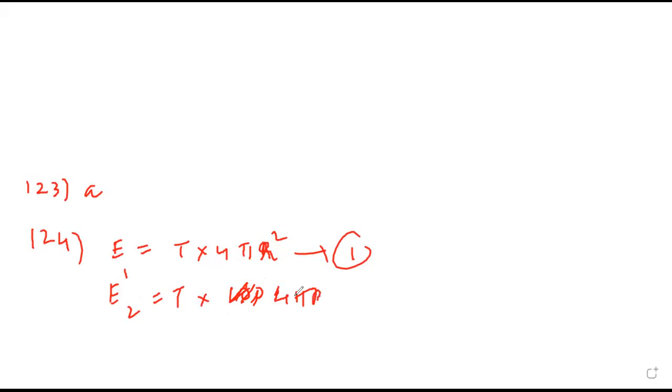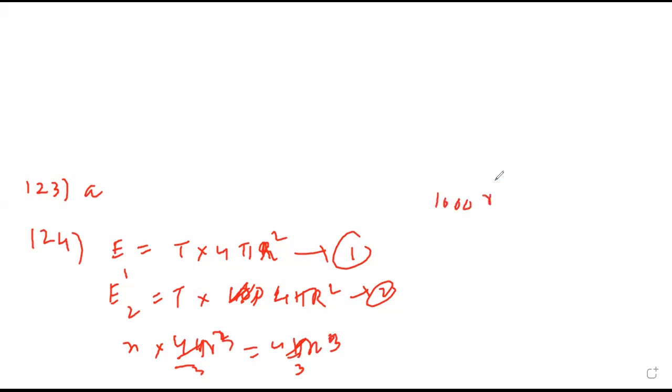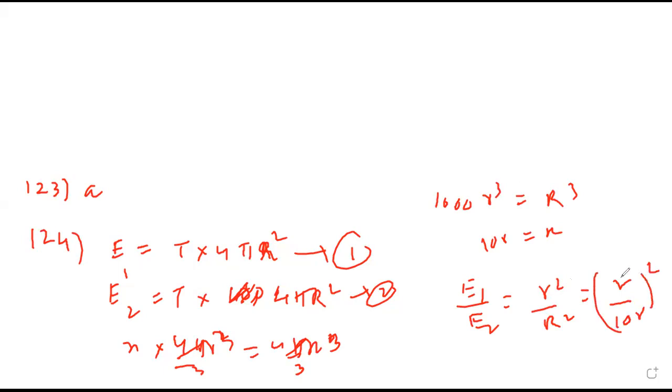So n into 4 pi r squared is 4 pi capital R squared. Volume: 4 by 3 pi r cubed. So 1000 r cubed equals capital R cubed. So 10 r is capital R. Therefore, energy of one small droplet upon one bigger droplet will be small r squared upon capital R squared, which is r upon 10 r, the whole squared.